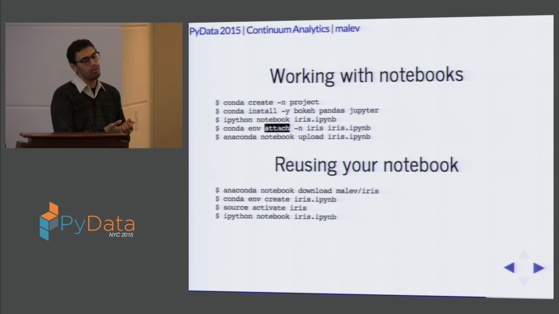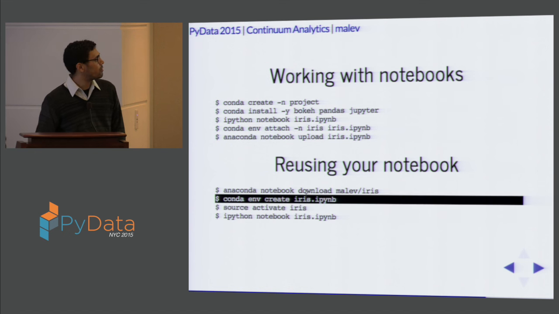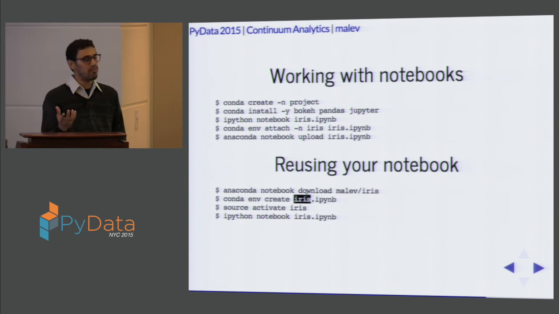Then with the notebook, you can do whatever you want. You can share it on GitHub, on a Gist, or using Anaconda or just email, whatever you do. As soon as you want to use it somewhere else, you can just create an environment using the same file. This is going to go inside the metadata, extract the dependencies, and install them wherever you want to use it, on whatever computer you want.